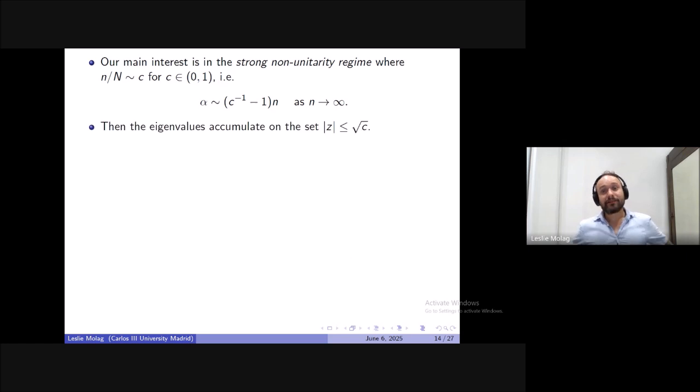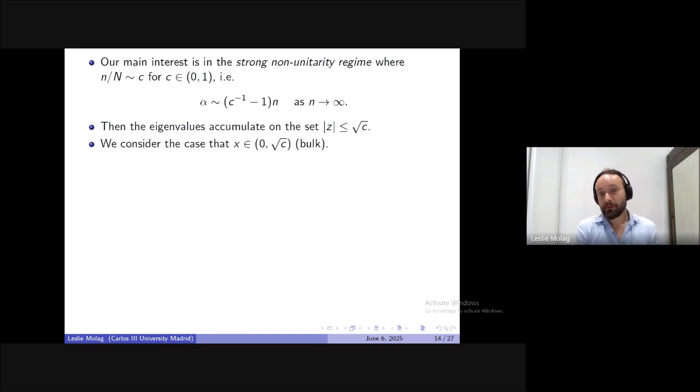In that case, you can show that the eigenvalues accumulate on a set which is smaller than the unit disk. Remember, the truncated unitary matrices have eigenvalues in the unit disk. But if you take this condition for alpha, then the eigenvalues accumulate on a smaller disk, which has radius square root c.